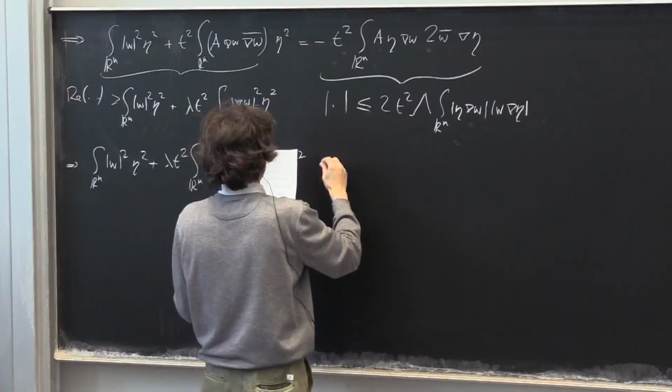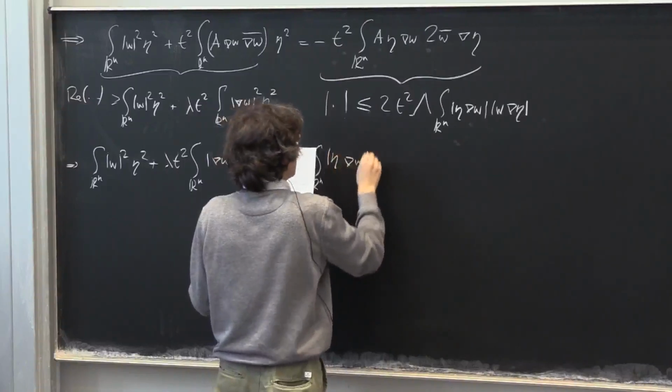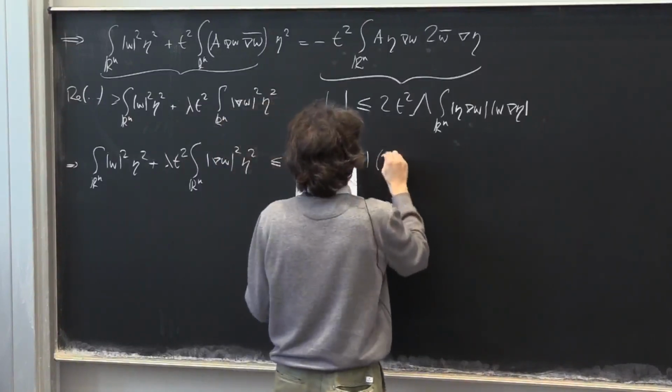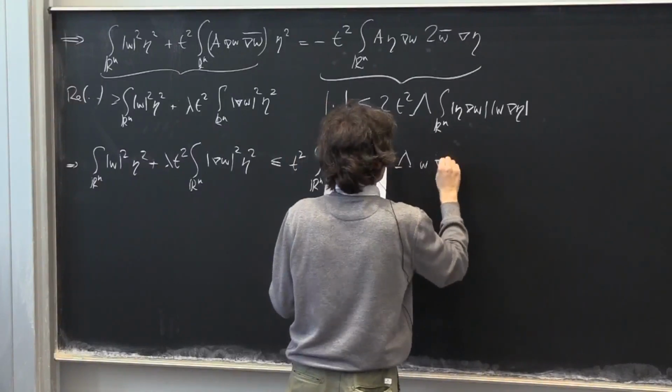I will put the rest of the constants inside the thing. Rn eta gradient w times 2 capital lambda w gradient eta.